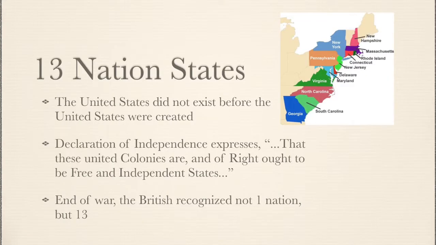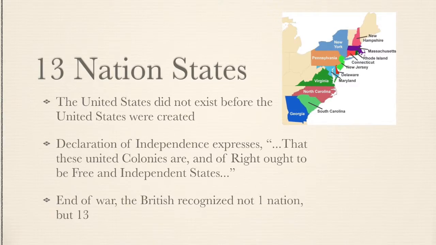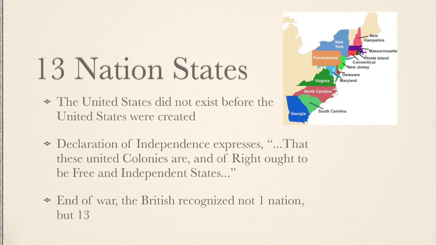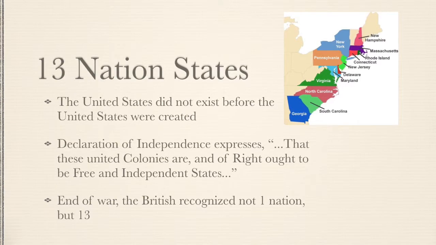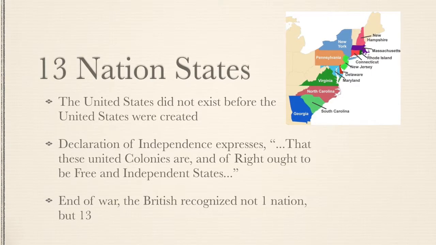Another fact that must be understood in order to have a holistic, complete view of the nature of the Union, of the Constitution that was ratified in 1789, is that when each of the 13 colonies declared independence, one nation was not created, but rather 13 independent sovereign nations. In the same sense that France, Spain, and Portugal were nations, so were Massachusetts, Pennsylvania, Virginia, Georgia, and the rest of the 13.